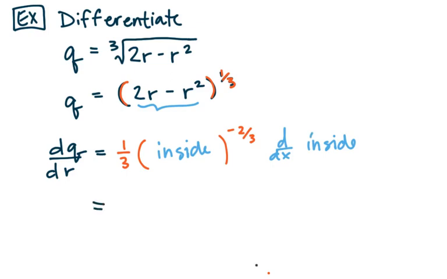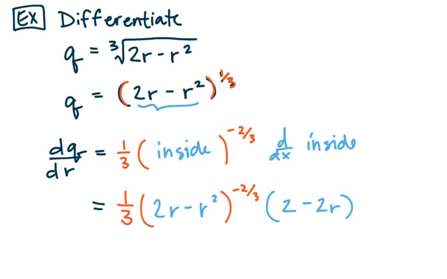So we have 1/3, and that is (2r minus r squared) to the negative 2/3, and the derivative of my inside, that's the derivative of 2r minus r squared. The derivative of 2r is 2, and the derivative of r squared is negative 2r, minus 2r.